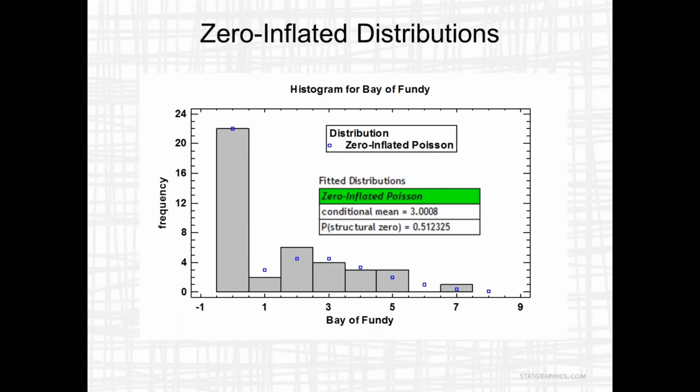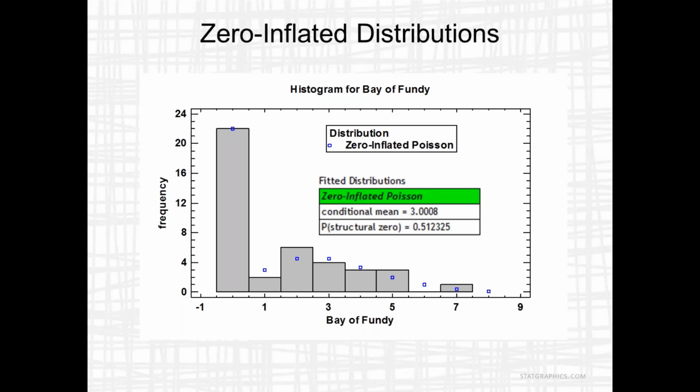The zero-inflated distributions, as I said, are very useful for count type data that have excess zeros. Now, one of the data files we ship with Statgraphics has fish counts from various places in the Gulf of Maine. Basically, fish counts, I believe on a yearly basis.